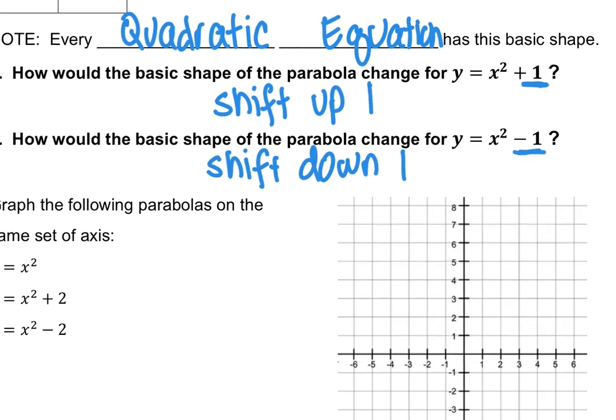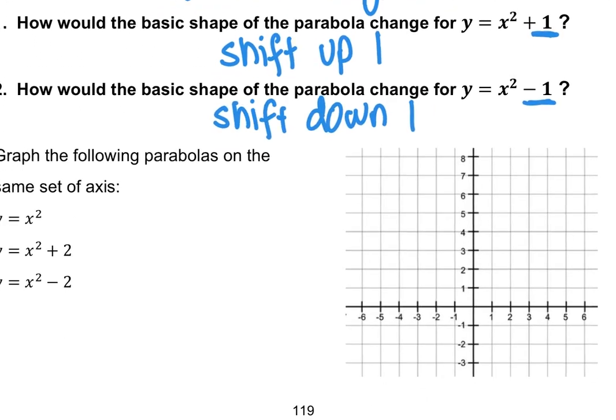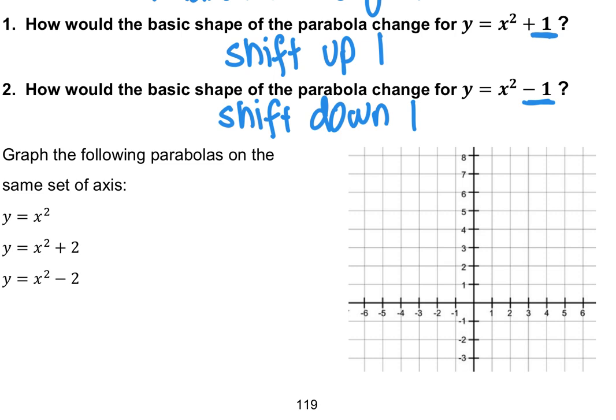It says right here, graph the following parabolas on the same set of axes. So y equals x squared. Let's go ahead and do that. Y equals x squared, which we know is here, right? We start at 0, 0, the origin, and then we go up 1, to the right 1 and to the left 1. And we can connect our 3 points.